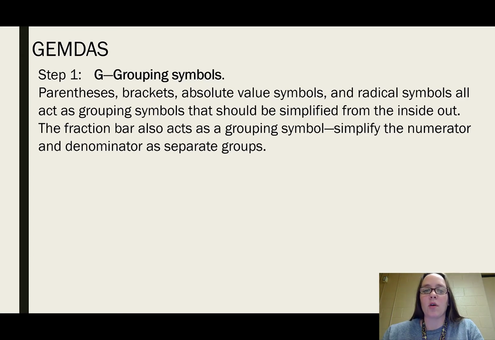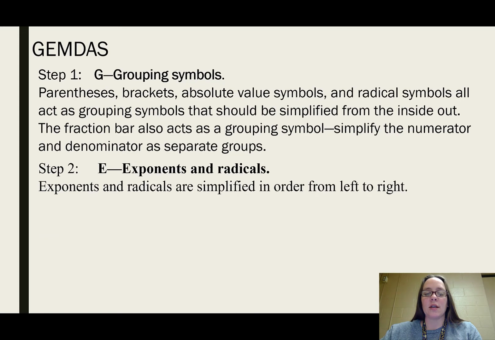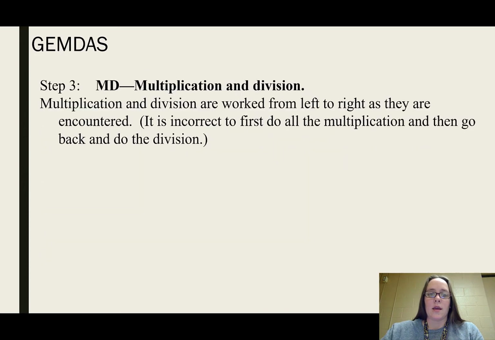Okay, a fraction bar will also act as a grouping symbol, separating the top from the bottom. So we work the top, and then we work the bottom. From there it's just like you've seen before. We're going to do exponents and radicals next, as long as the radicals are simplified. We are then going to do multiplication and division from left to right in order.